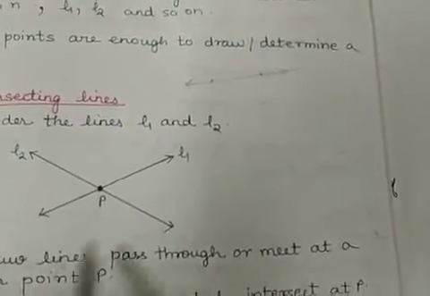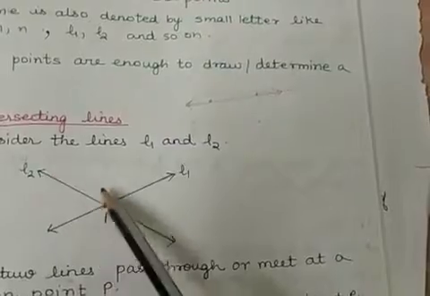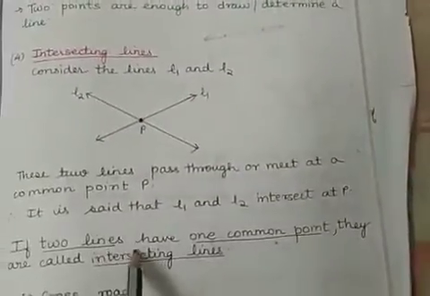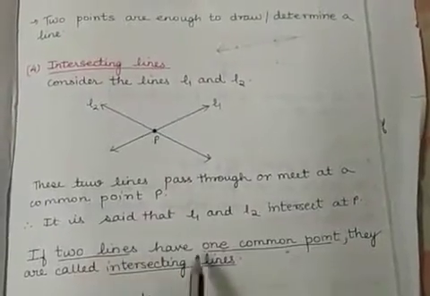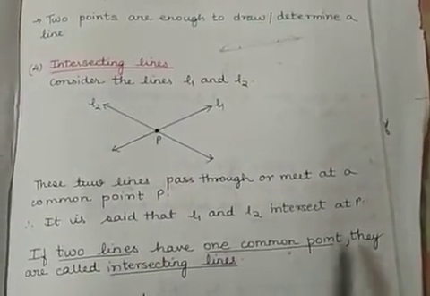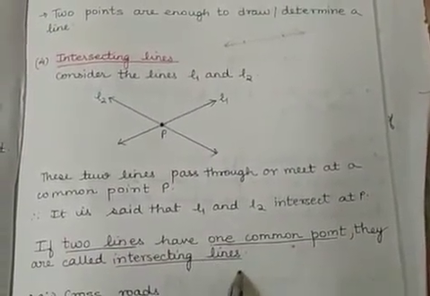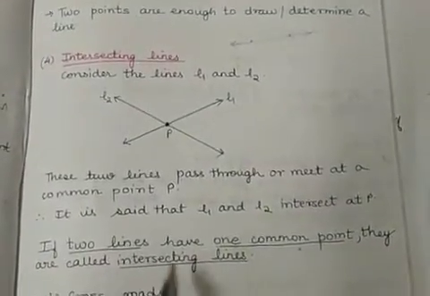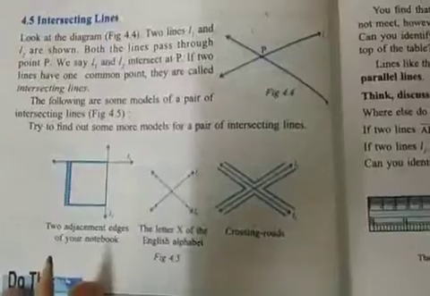We say that lines l1 and l2 intersect at point P. So if 2 lines have one common point, they are called intersecting lines.